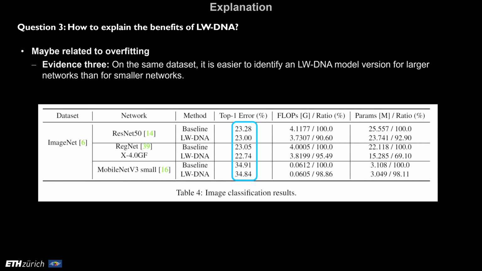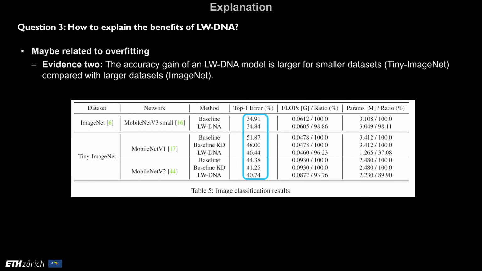And secondly, on the same dataset, it is easier to identify an LWDM model for larger networks than for smaller networks. And thirdly, the accuracy gain of LWDM models is larger for smaller datasets compared with larger datasets. And as we all know, smaller datasets are easy to overfit.